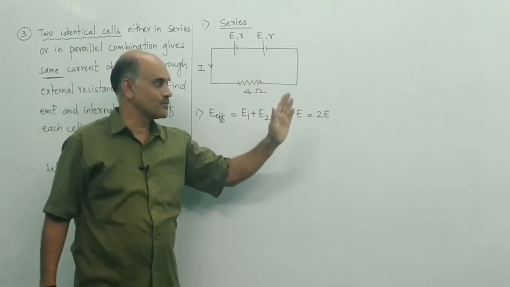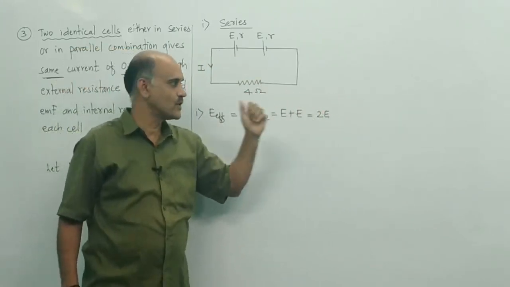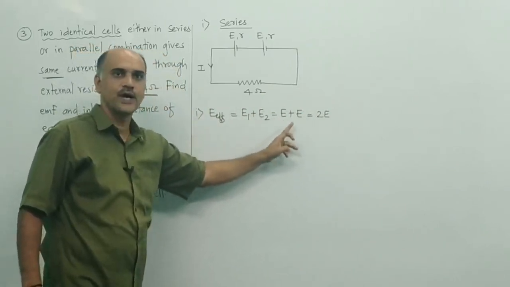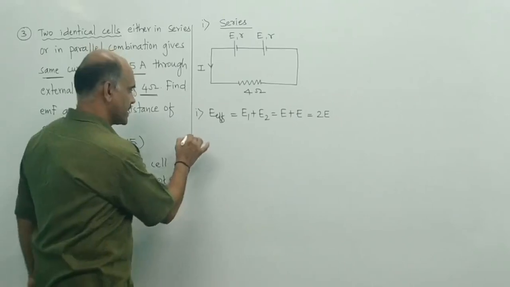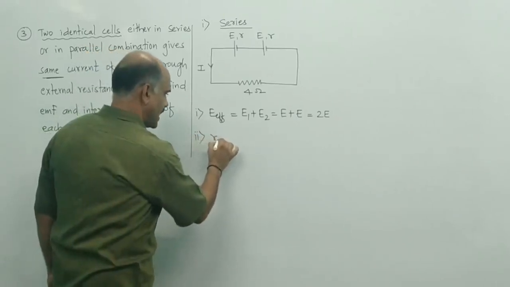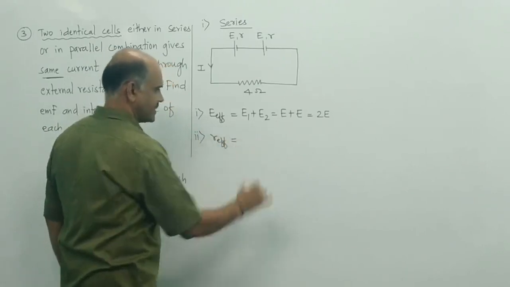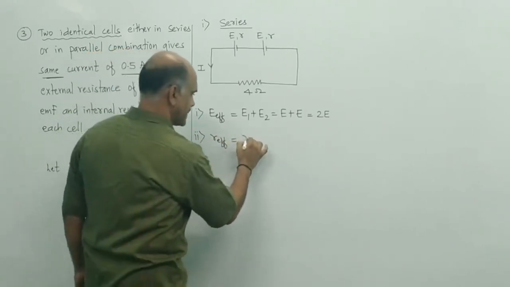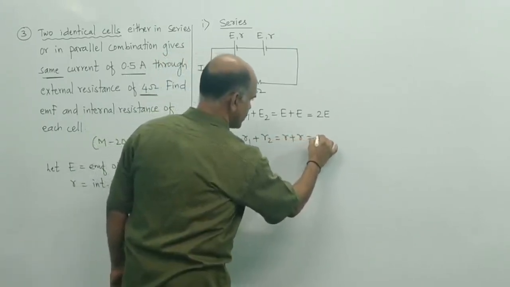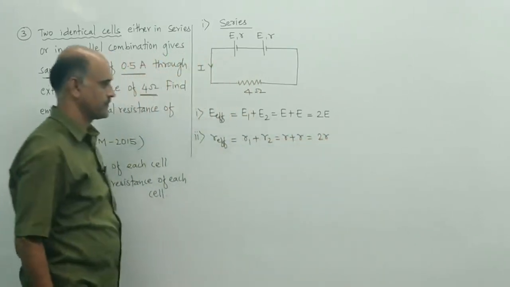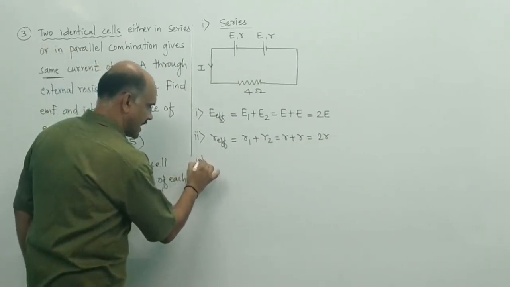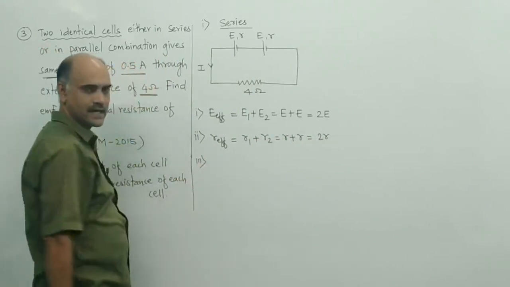In parallel the formula is E1 r2 plus E2 r1 by r1 plus r2. In series, directly you add and get 2E. Similarly, for the effective internal resistance in series it is r1 plus r2. Again both are equal, so you will get 2r.